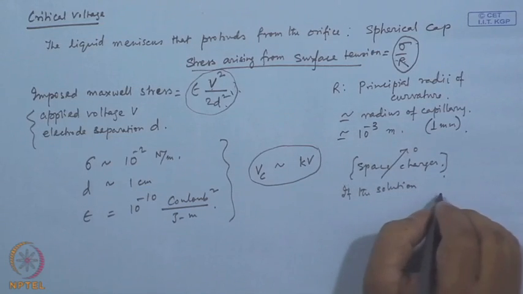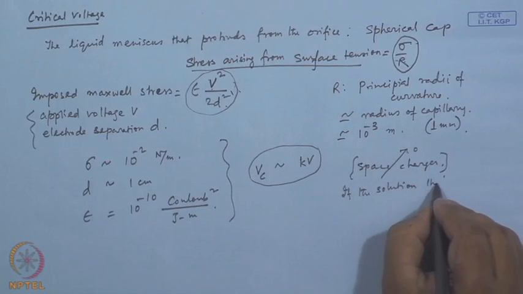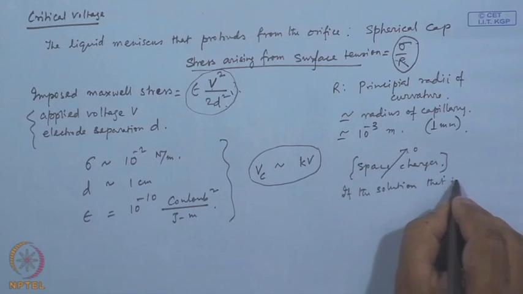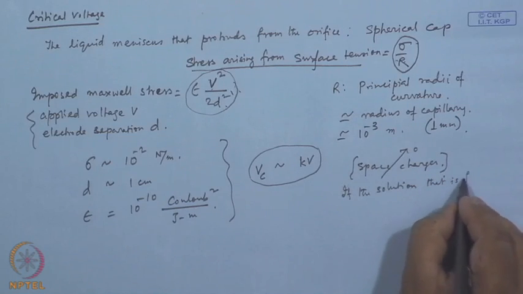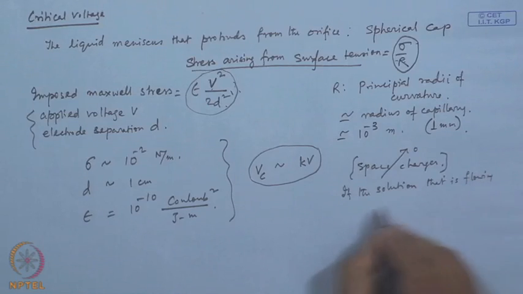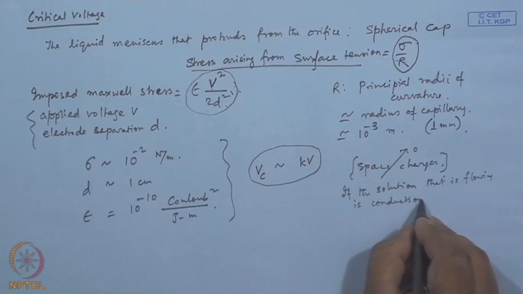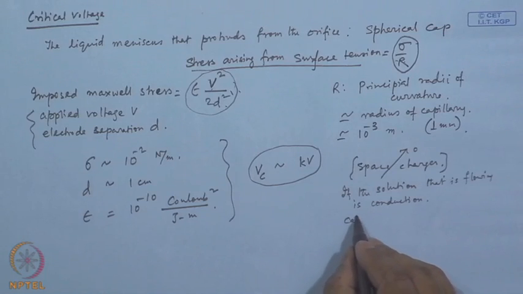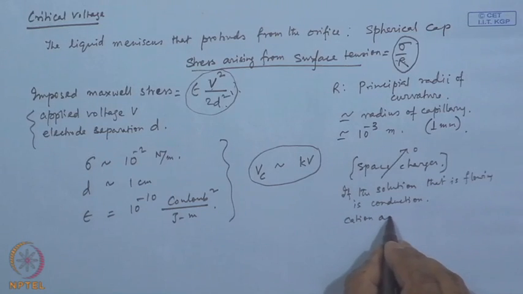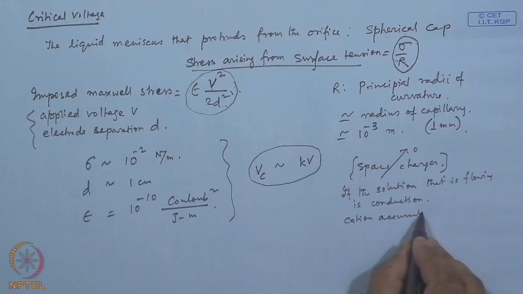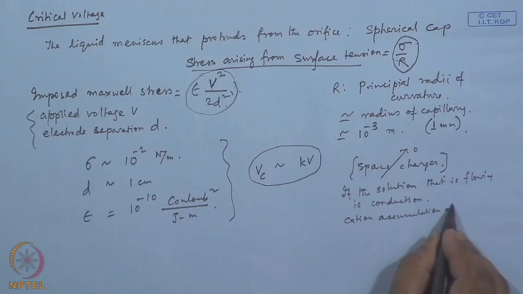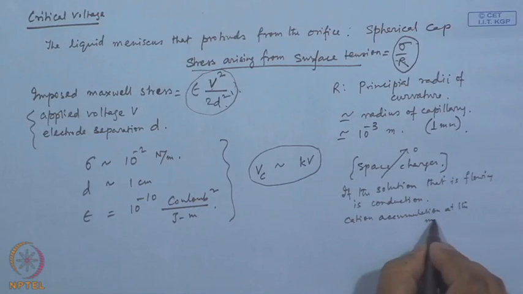If the solution that is flowing is conducting, that means there would be cation accumulation at the meniscus tip.